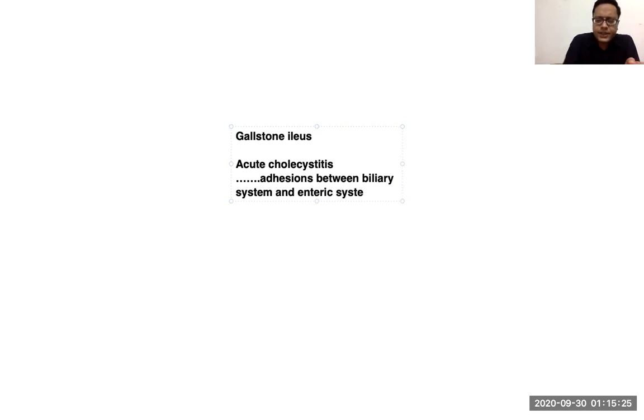Particularly, usually the adhesion is between the gallbladder and the duodenum, because they are anatomically closer to each other. And ultimately they adhere to each other.